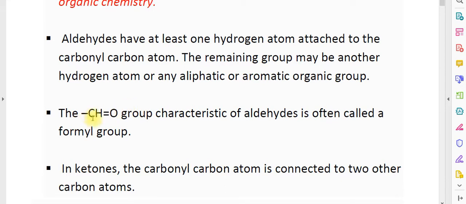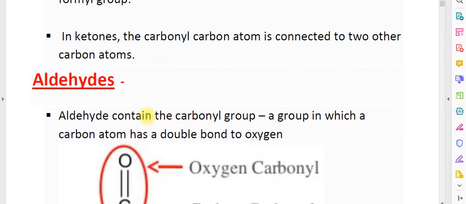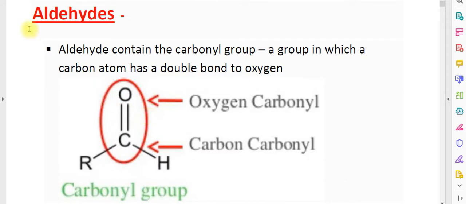And also the CHO group, which is the characteristic of the aldehyde, is often called the formyl group. We can see what an aldehyde is in detail. An aldehyde consists of a carbonyl carbon which is connected to the oxygen through a double bond, and the carbonyl carbon is connected to the hydrogen, and to another group which is an aromatic or aliphatic group.